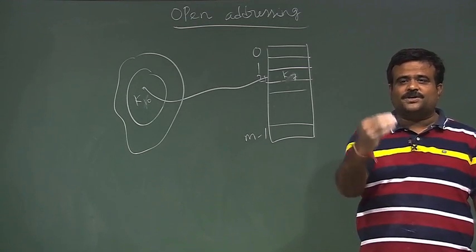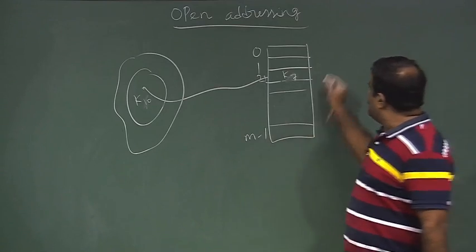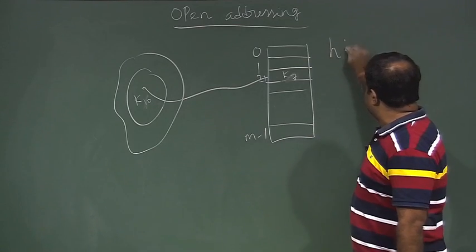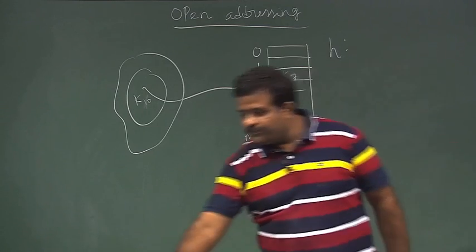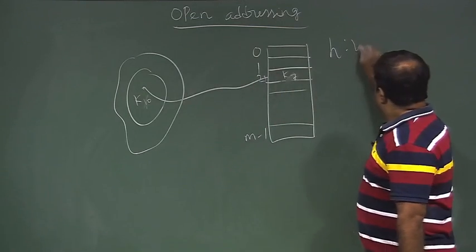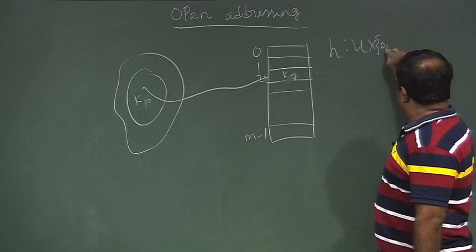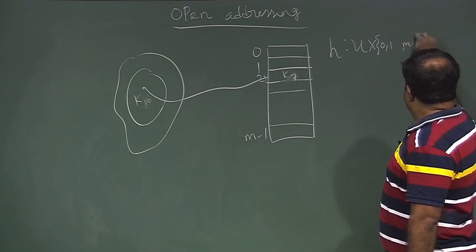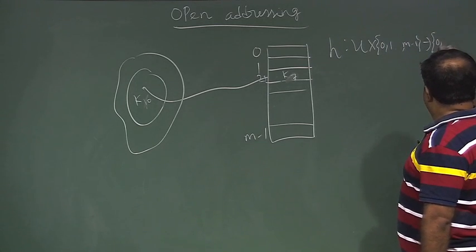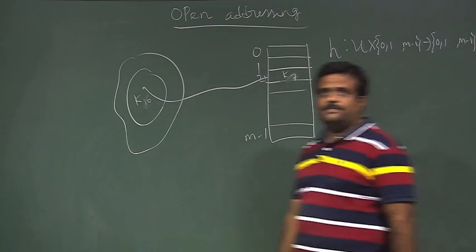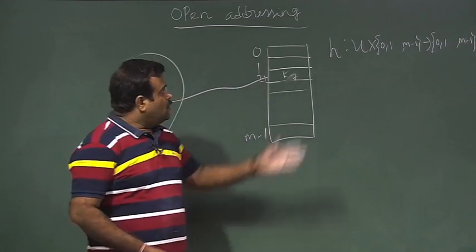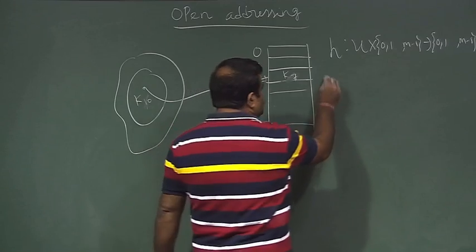Basically, here our hash function for open addressing is a function from U cross {0, 1, ..., m minus 1} to {0, 1, ..., m minus 1}. So this is the probe sequence.